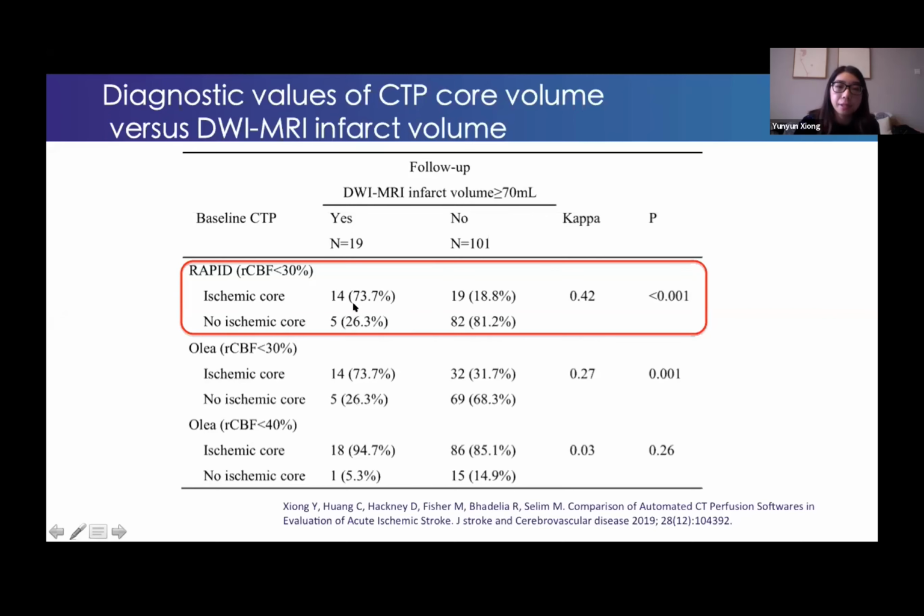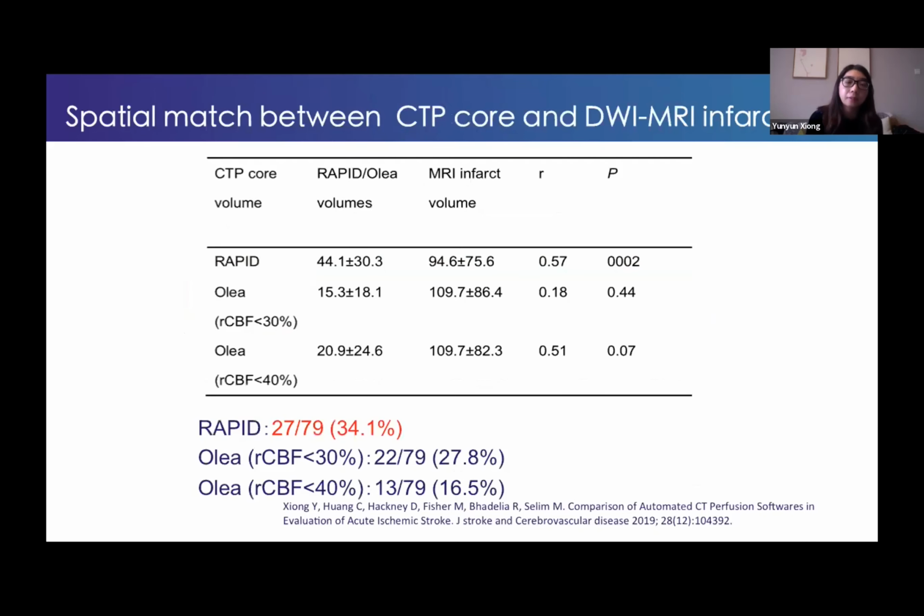For RAPID, the sensitivity reached up to 74%, and specificity was balanced at 81%. And the OLEA 30% was quite similar to the RAPID 30% criterion. And for the OLEA 40% ischemic core, the sensitivity was very high, but specificity was very low. So this may cause false positives based on 40% in the OLEA.